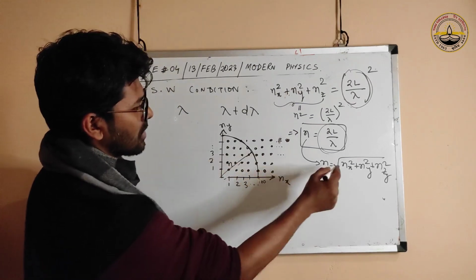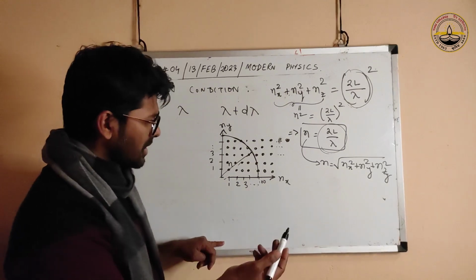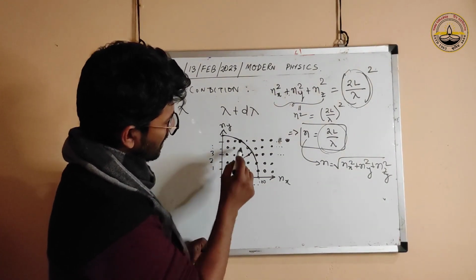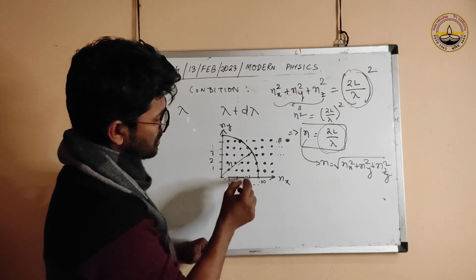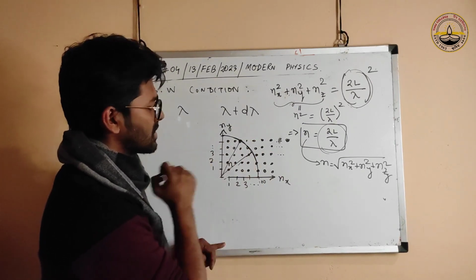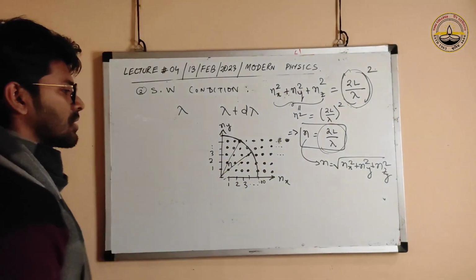But some other value, like 3 comma 1000, also satisfies this same radius n, and therefore we will have a circle.